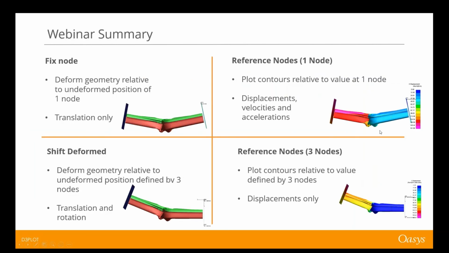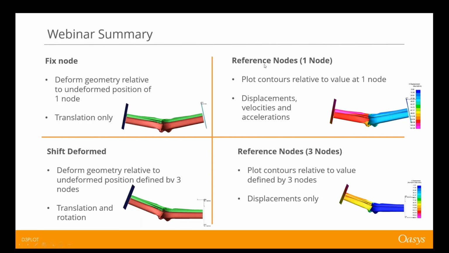So finally, a summary of what the webinar has covered today. Fixed node and shift deform, they both change the way the model displacements are displayed, whereas reference nodes, the 2 reference node options change the contoured values.